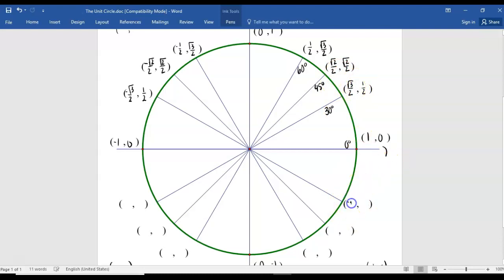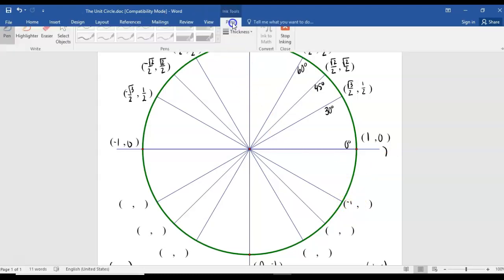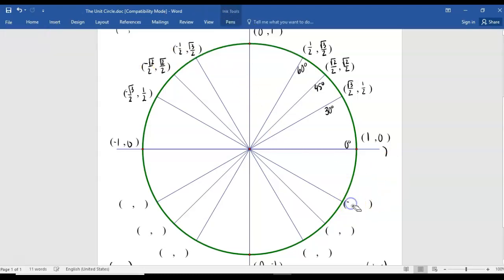You'll just have square root of 3 over 2, and the y coordinate will become negative, so you have negative 1/2. And then this one will be square root of 2 over 2 and negative square root of 2 over 2. And then this one will be 1/2 and negative square root of 3 over 2. So make sure you're filling in your unit circle as we get there.